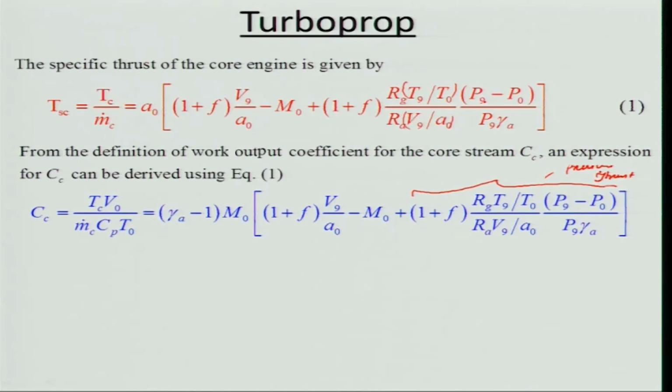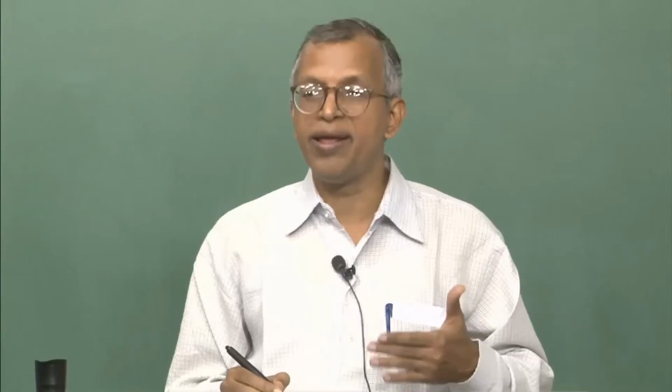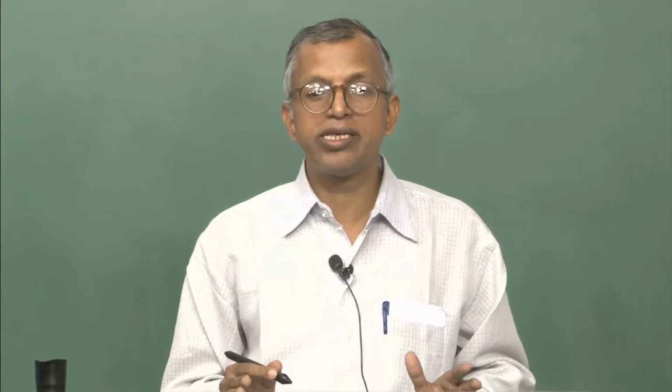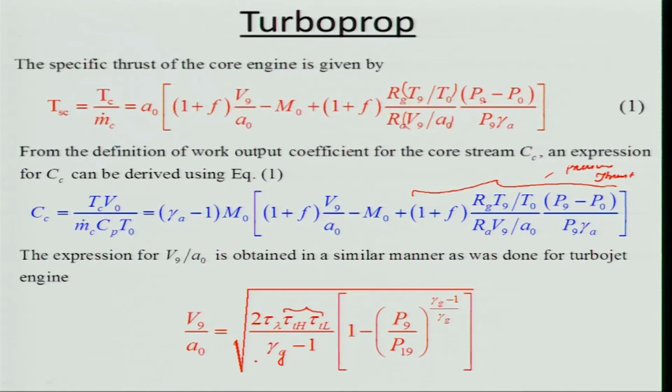Therefore this term is extra, similar to what we had done earlier for the turbojet engine or turbofan engine. The expression for V9 by A naught will be similar, but the terms we have separated as tau Th and tau Tl, we generally use as tau T instead. We never really separate the high pressure and low pressure turbine temperature ratio. That is the only difference, the rest of the things are fine, and this will be, I guess, V0 minus 1.